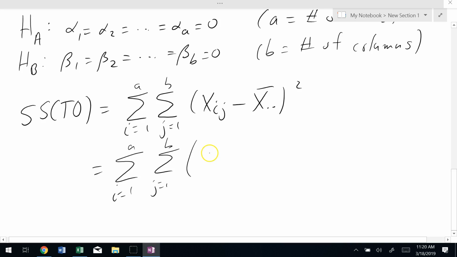So this is on page 391 if you want to see where it's located. So I want to add and subtract an x bar sub i dot, and I'm going to add and subtract an x bar double dot, and an x bar dot j.